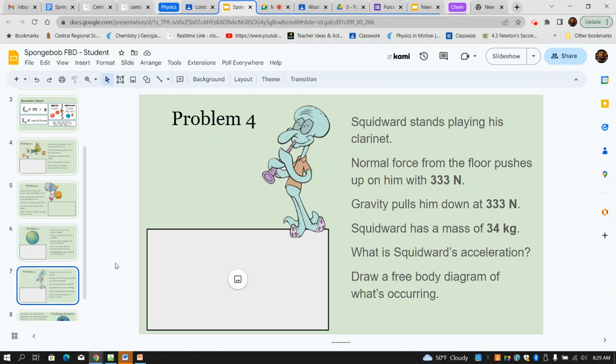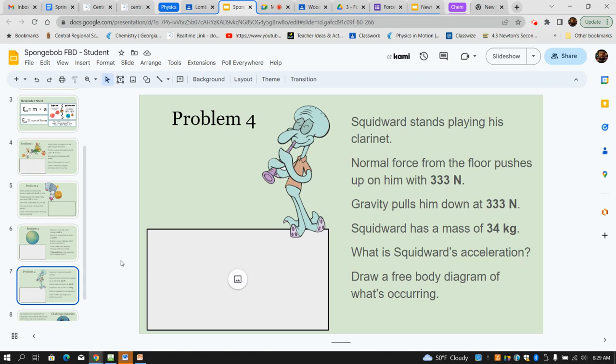All right, Squidward, playing his clarinet. He has a normal force from the floor that pushes up on him with 333 newtons, and gravity pulling him down at 333. So your free body diagram, Fg should be down at what? 333.